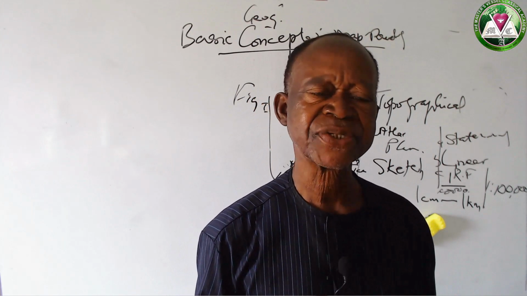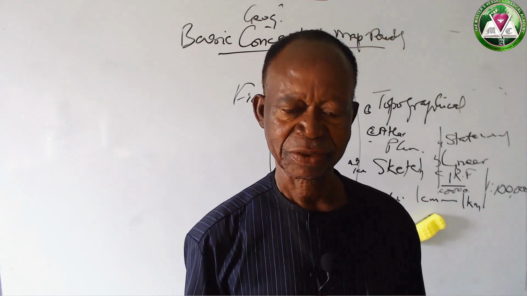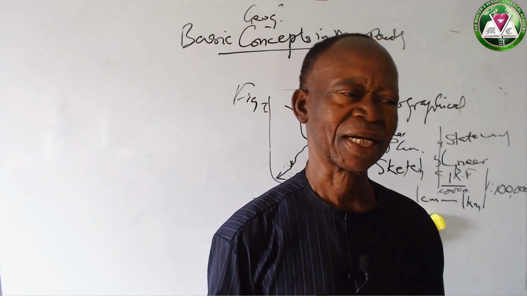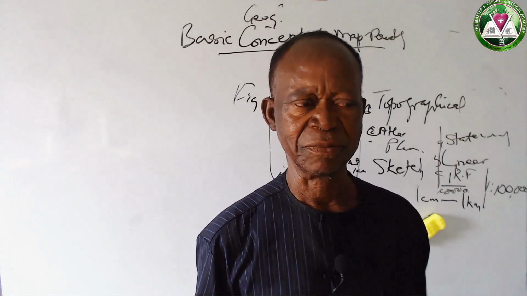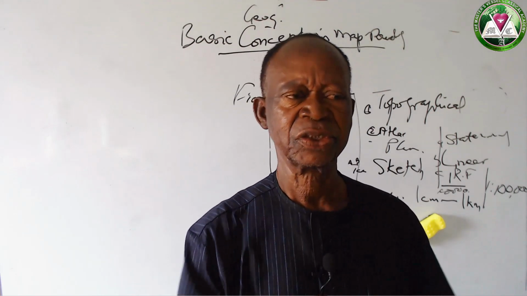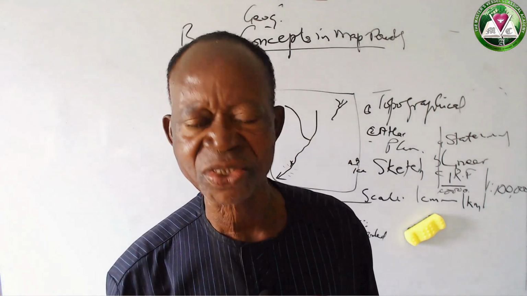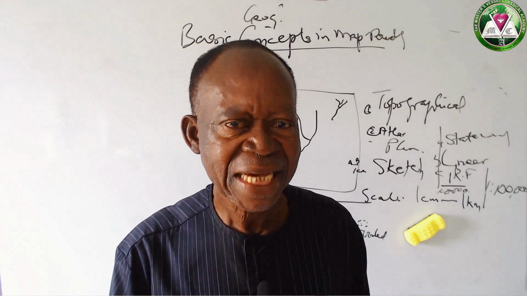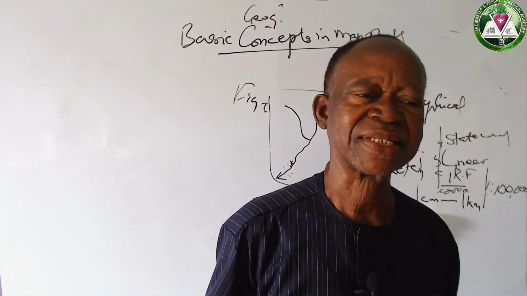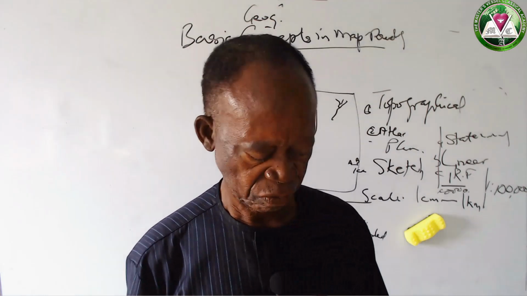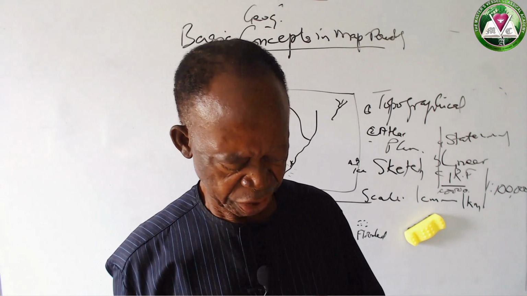How many types of scales do we have? Correct, 3 types. Janet, name them. Then you are correct: statement scale, linear scale, and representative fraction.